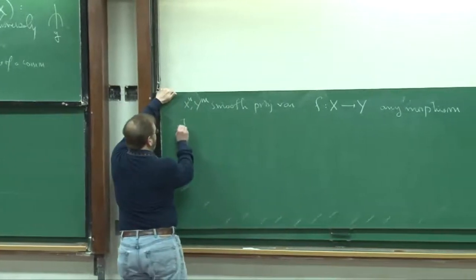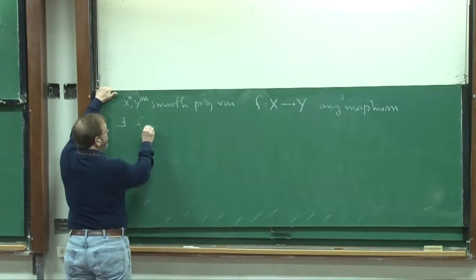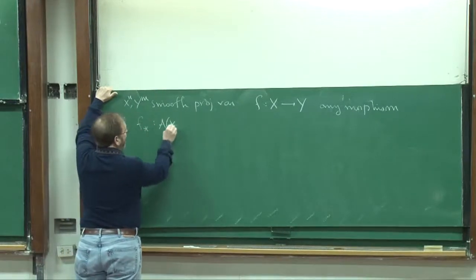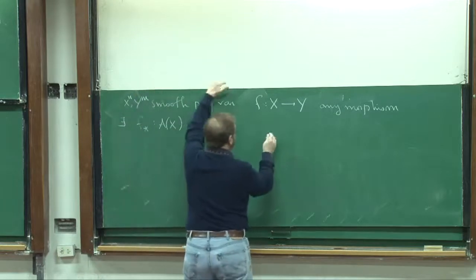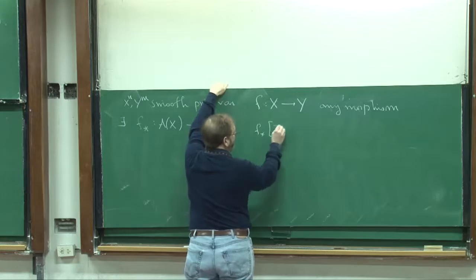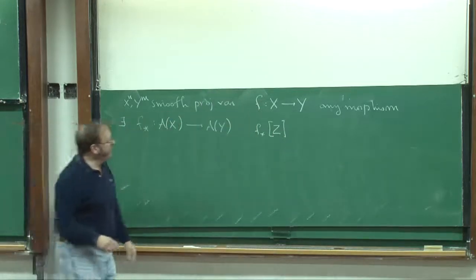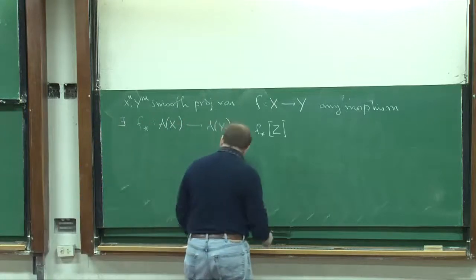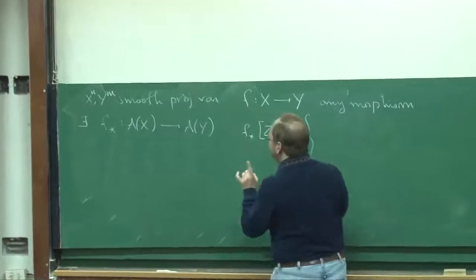So then, we're getting into the realm of theorem, there exists a push-forward map from A(X) to A(Y), which simply sends the class of a cycle, I'm going to have to call it cycle Z now since the letter Y is taken, f lower star of Z is, well, here's the thing.